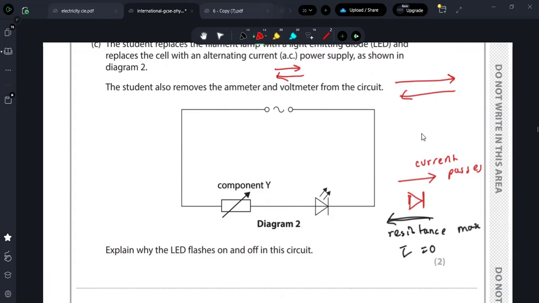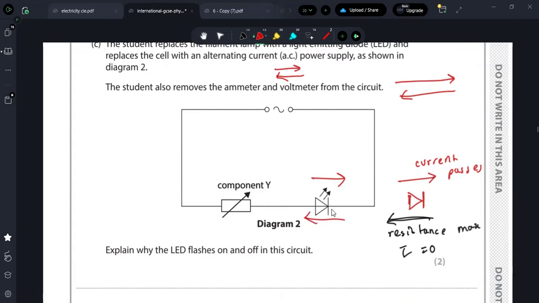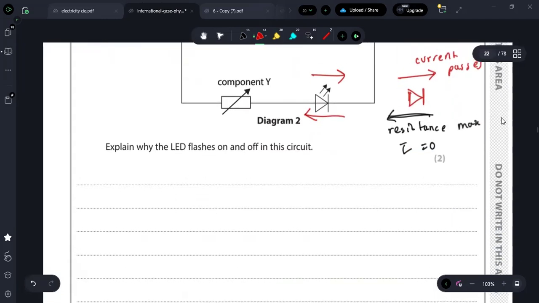First it will go in the forward direction, then in the backward direction. But LED just allows current to get passed in this direction. In the reverse direction its resistance is maximum, so current cannot be supplied. This means when the current goes forward, the LED will light up. When it goes backward, it cannot pass through the LED, because LED does not allow any current supply in the reverse direction. So then the LED will show off. That is it. It is just for 2 marks.